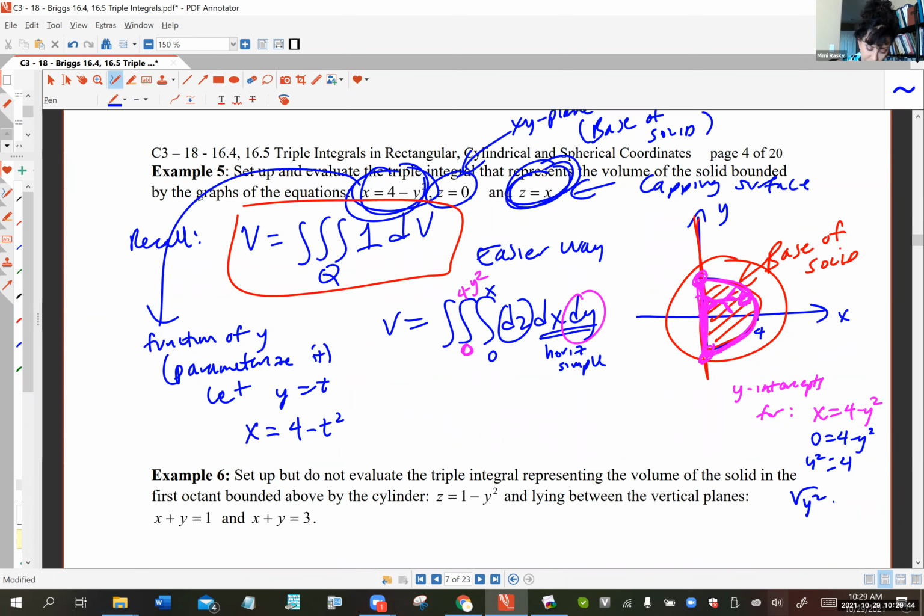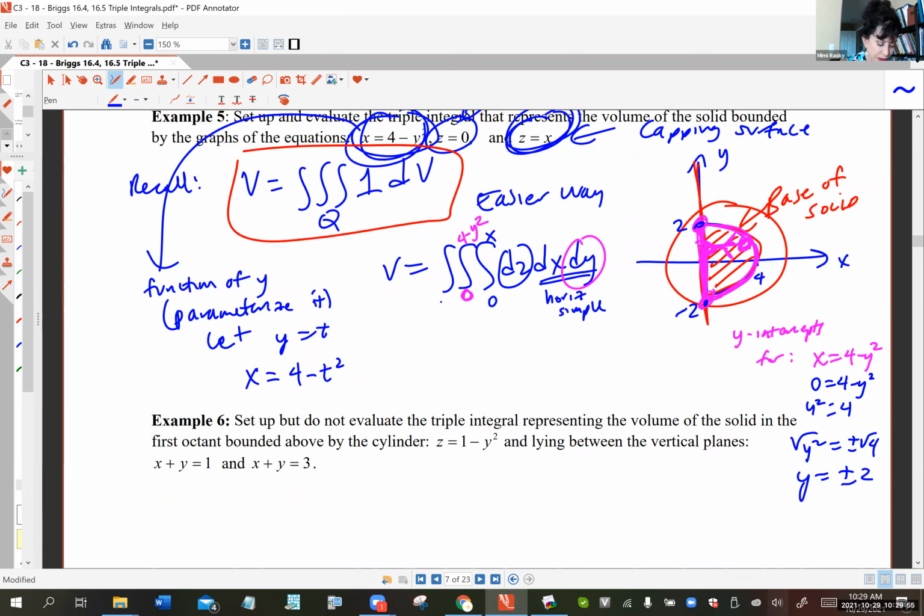When you take the square root of both sides, you'll get 2 y-intercepts, plus or minus 2. So that will tell us what the limits are for y, negative 2 and positive 2. Yay! If you get this far, I would definitely give you partial credit, because this is pretty hard to figure out the setup from scratch.